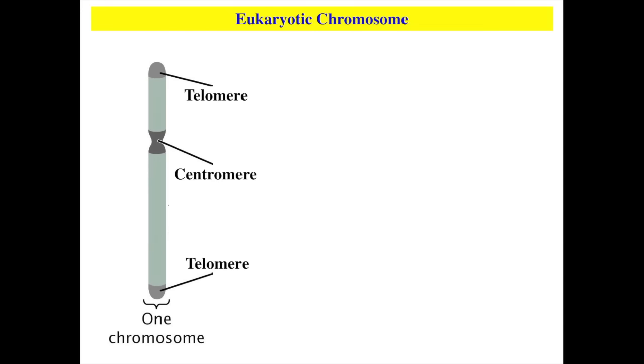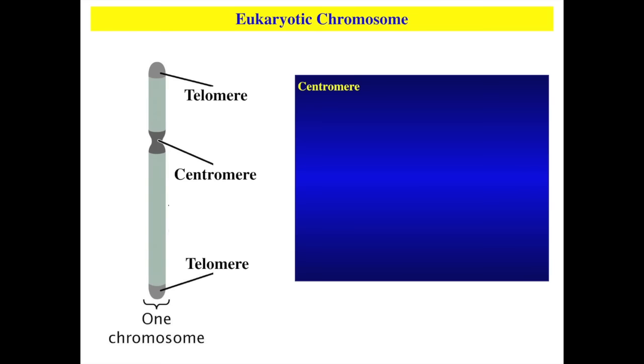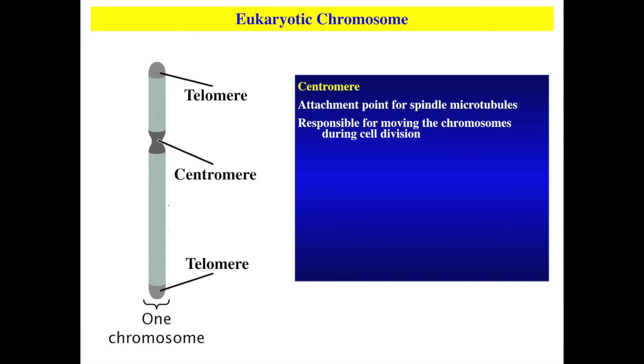The eukaryotic chromosome has this general organization. It is a linear structure that contains telomeres on either end and a centromere in the middle. The centromere is an attachment point for spindle microtubules, and these attach to the centromere and are responsible for moving the chromosomes during cell division.